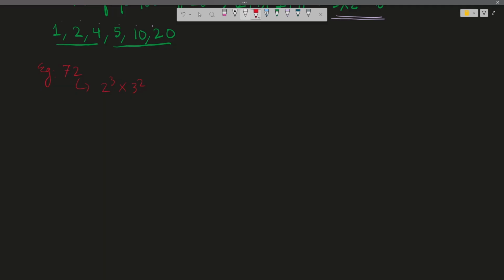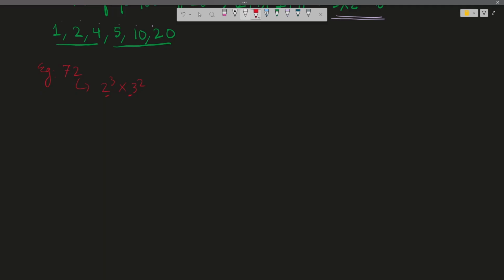You observe here that I'm keeping the base as the prime factors because it is necessary for us to keep the base as prime numbers. The powers or the indices could be any number. They could be prime, they could be not prime. But the base of the whole exponent must be a prime number.